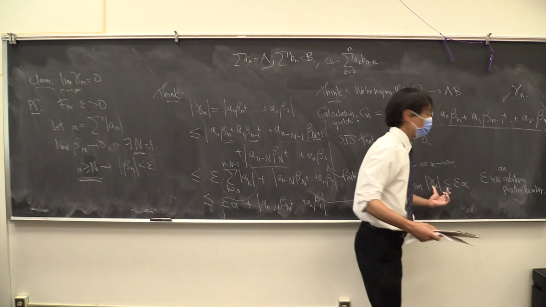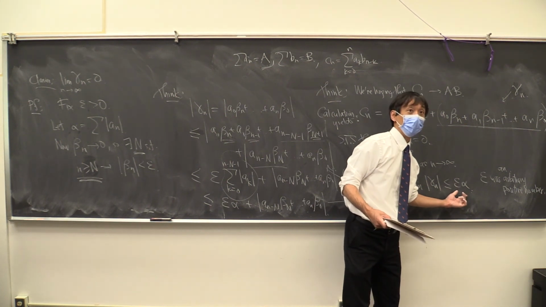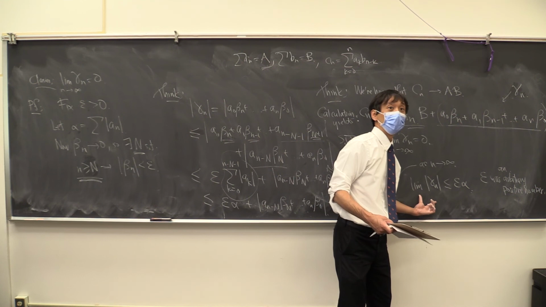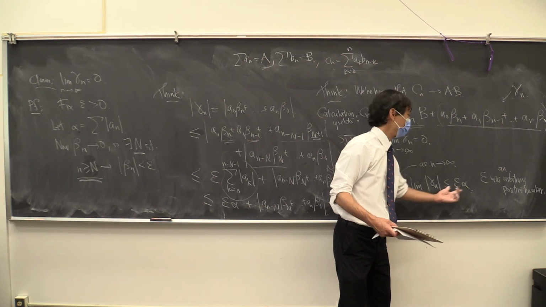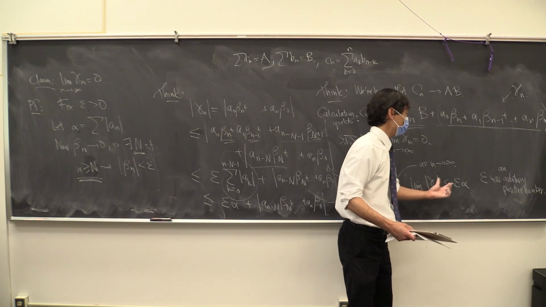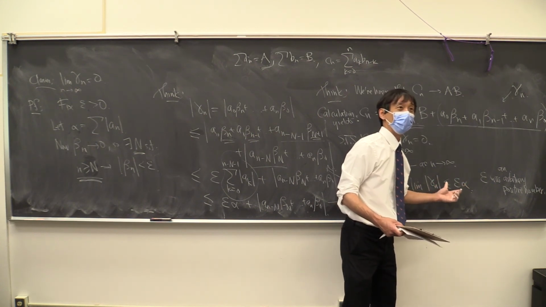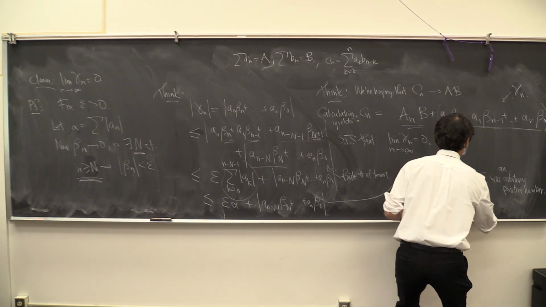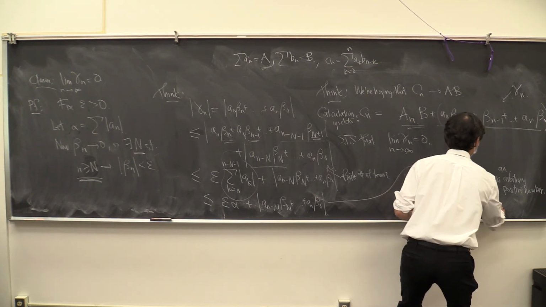For this to be true for any positive number, the only way is if the limit is 0. The limit of the absolute values is less than or equal to any positive number, so the limit of these guys is 0.